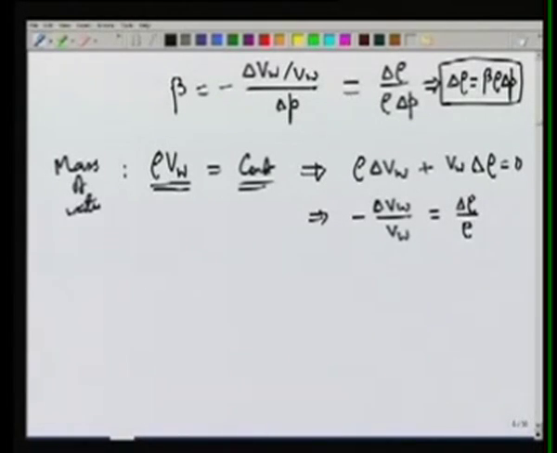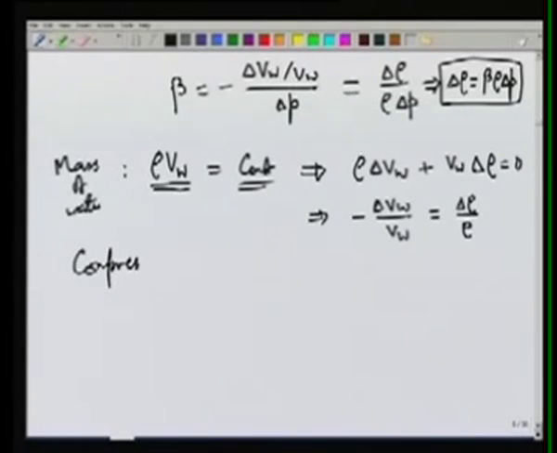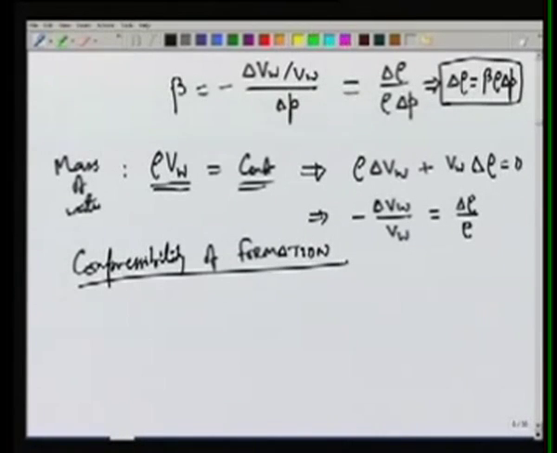The next thing which we look at is compressibility of the formation or the aquifer material. So we define the formation compressibility or aquifer compressibility and use a symbol alpha. In the same way as we did for water, we have alpha equal to minus delta V over V delta P, where V now denotes the volume of the formation or the aquifer.